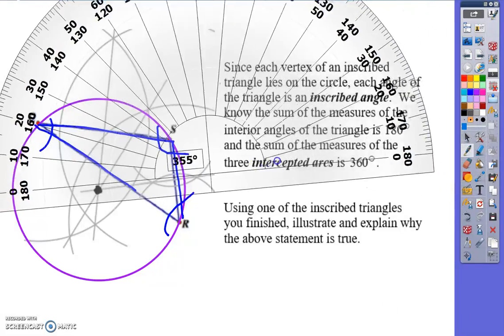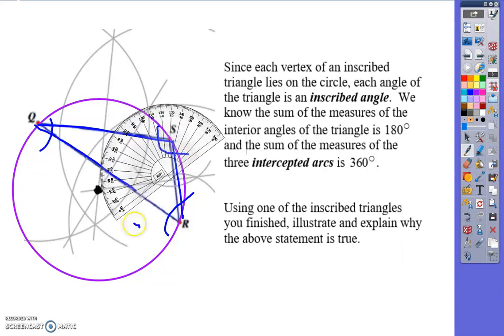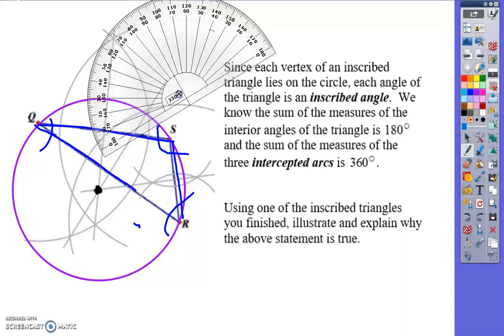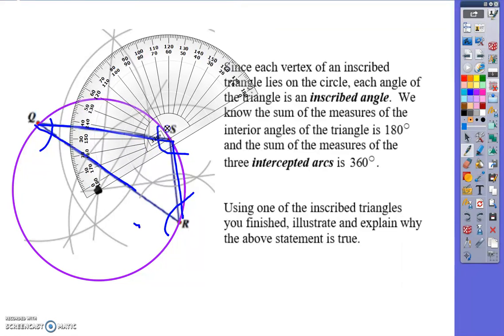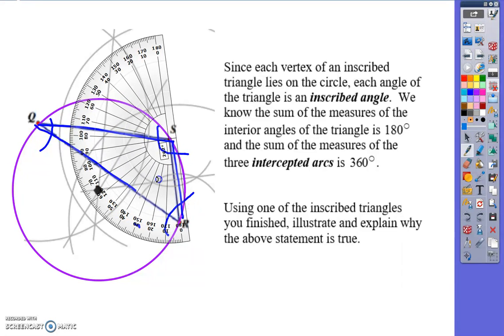So we have a very large protractor. We don't need it to be that big. Go for that small. Looks like 105 for this angle.